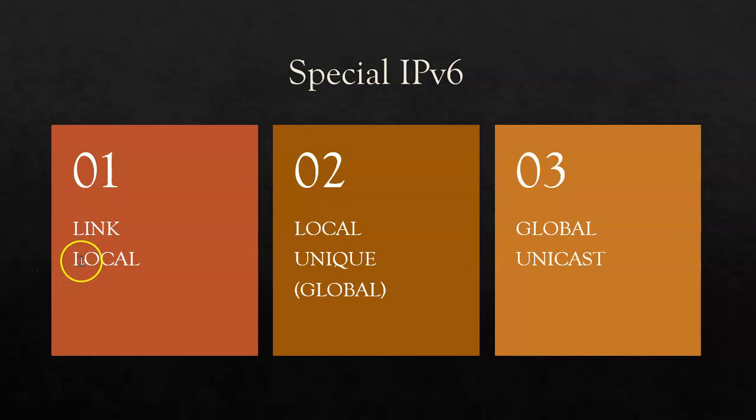The first one is a link local, and a link local is kind of like a LAN address. If I just gave everybody a LAN address and said, okay, you can communicate on the local segment, it's participatory, but routers do not forward link local packets.